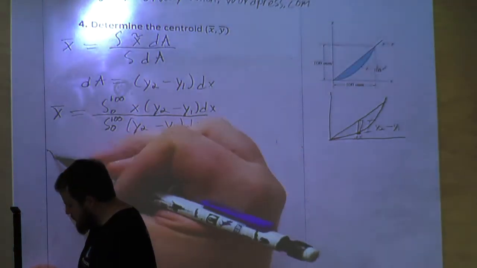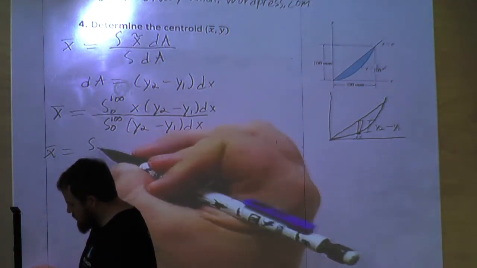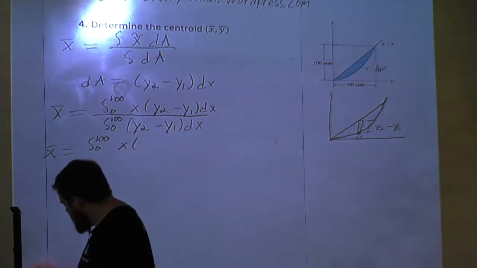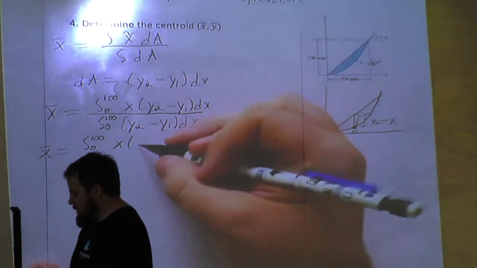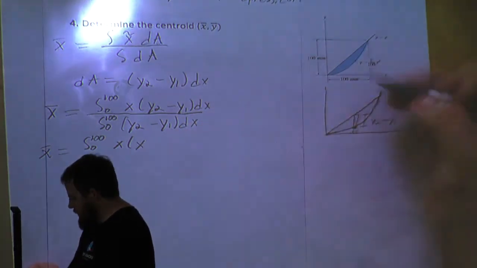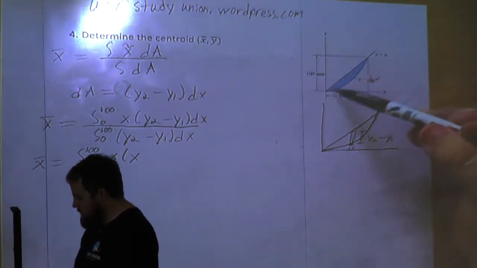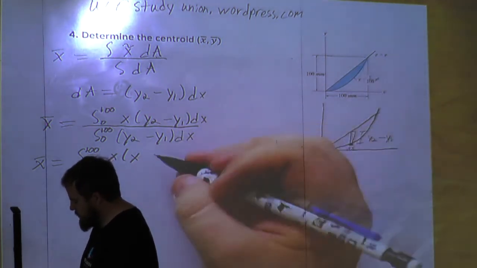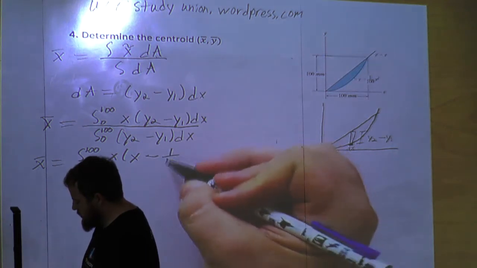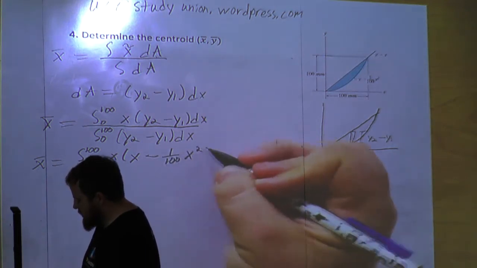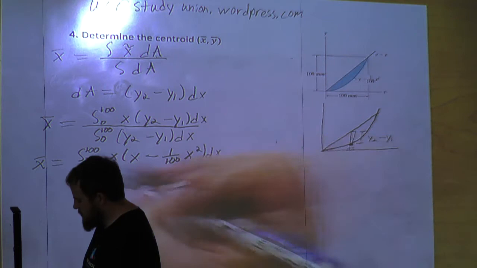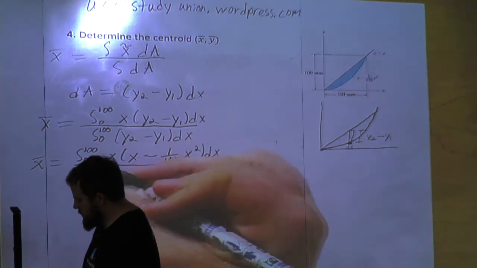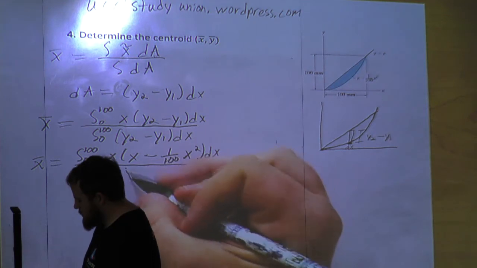So that would make this 0 to 100 x times x. So that's going to be this top line, y equals x, minus y equals 1 over 100 x squared. So this is going to be x minus 1 over 100 x squared dx. And then we're going to do the same thing on the bottom. X minus.